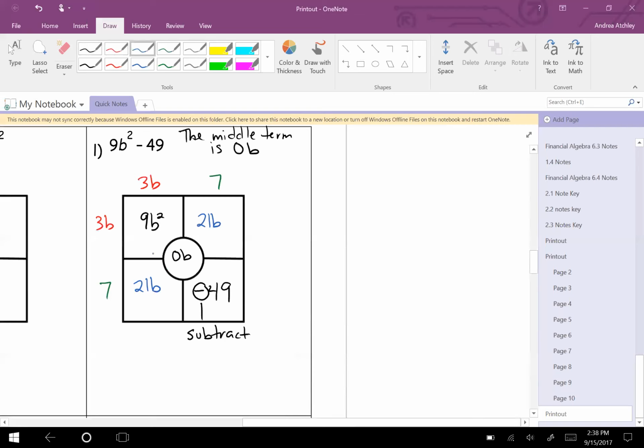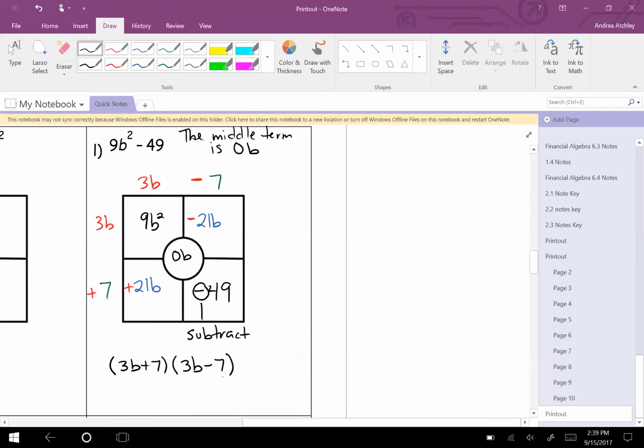Yes, I will. That means one of them needs to be negative and the other one needs to be positive, so I can subtract. It doesn't matter which one you make. We're just going to try one. Negative, and this is a positive. So my factors are 3b plus 7 and 3b minus 7.